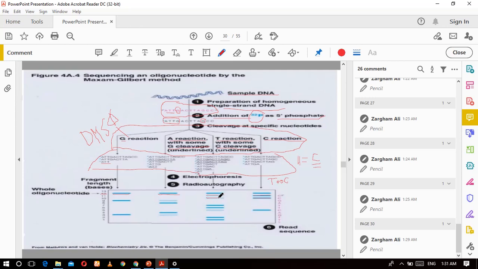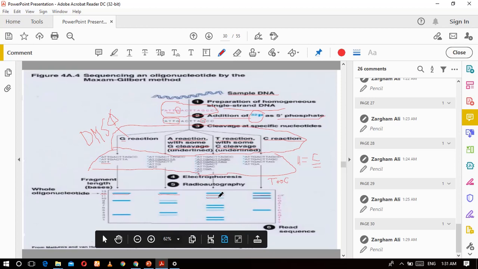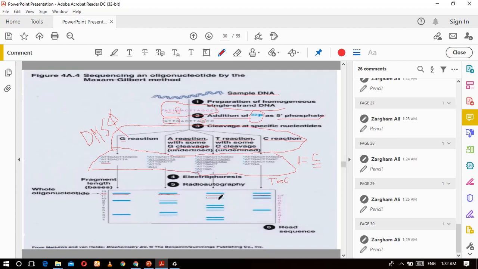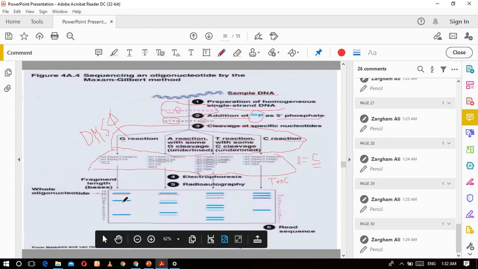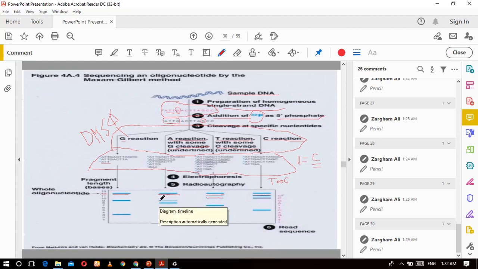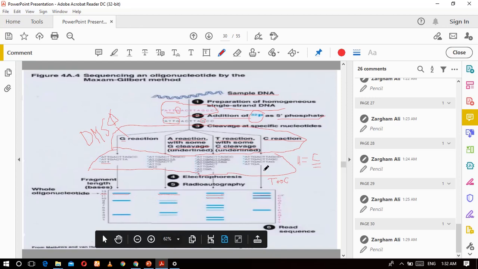Although its major role is to cleave T, it cleaves the C again there. At 10, it cleaves the G, and we can see the band here at 10 base pairs again. So it means it cleaves the G, and this goes on.